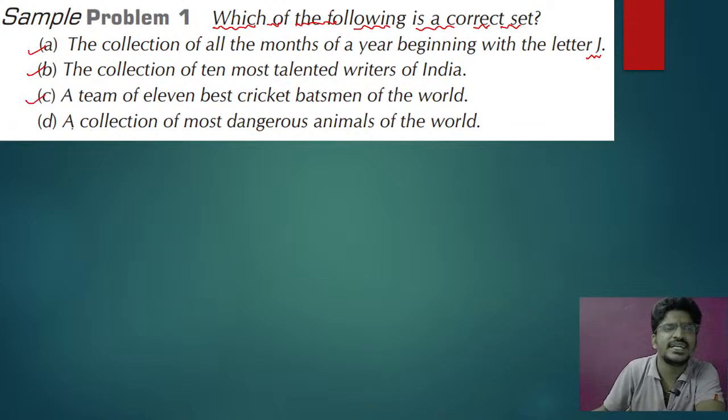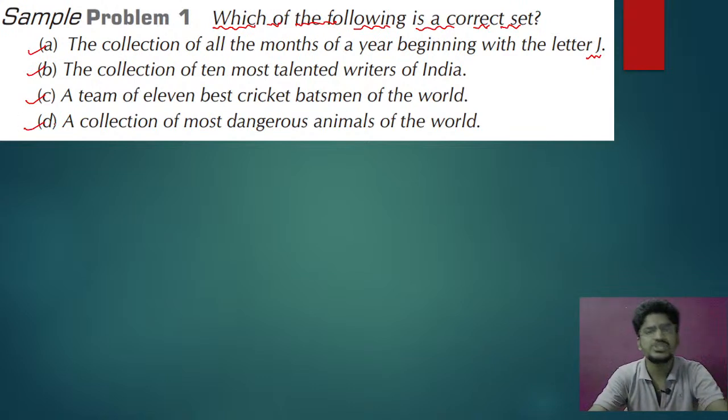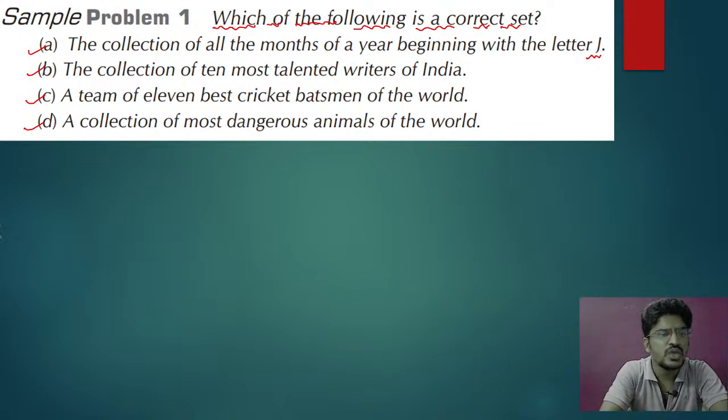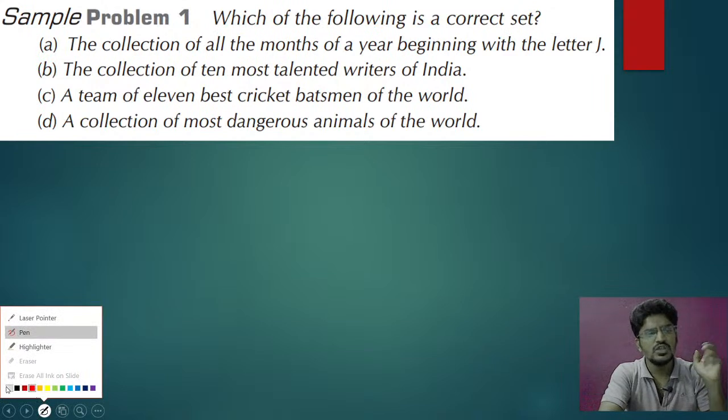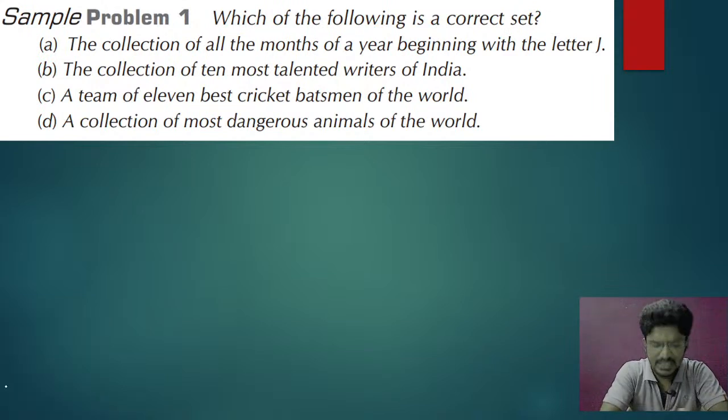Option C is a team of 11 best cricket batsmen of the world. Option D is a collection of most dangerous animals of the world. The important thing is to understand the questions very carefully, and if you know the concept correctly, everyone can answer this question.